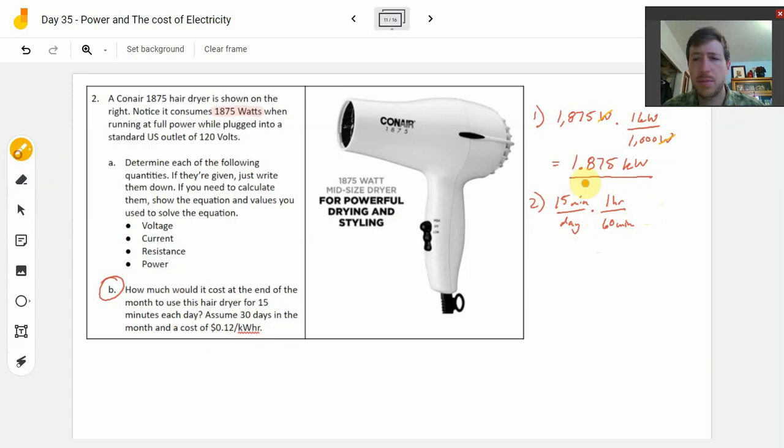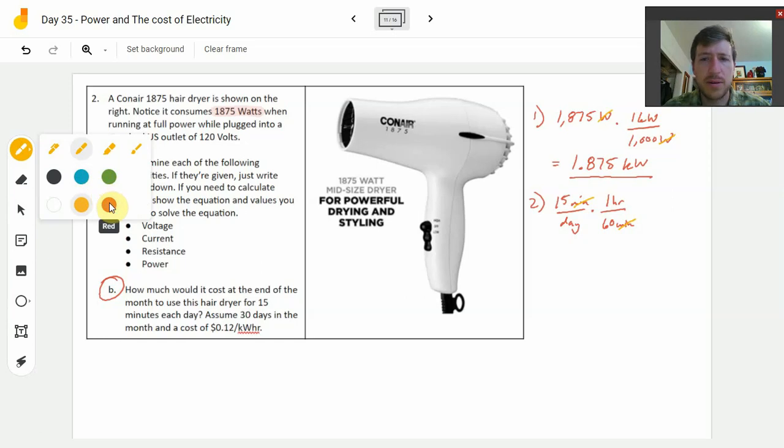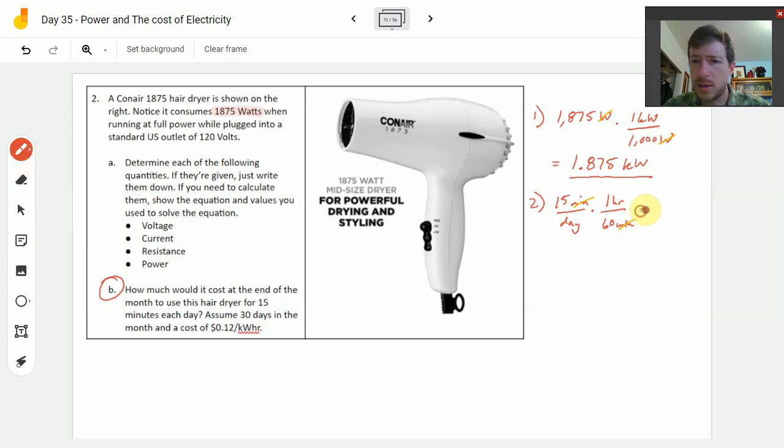Notice here we have minutes on top, minutes on bottom. This gives us 1 hour every 4 days, or rather, maybe a better way to write that would be 0.25 hours per day.